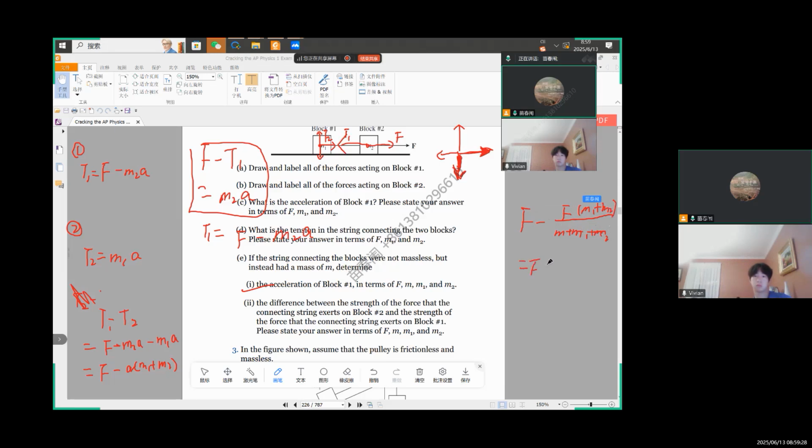I get F out, so it's 1 minus that complicated fraction, and then F times M plus M1 plus M2 minus M1 minus M2 over M plus M1 plus M2, which is eventually going to be M F over all this. Does that make sense?